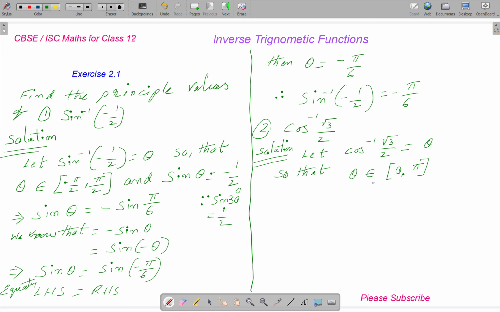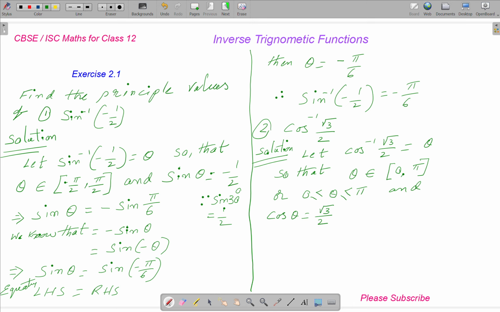Theta is an element of 0 and pi, or 0 is less than or equal to theta is less than or equal to pi, and cos theta is equal to root 3 by 2.